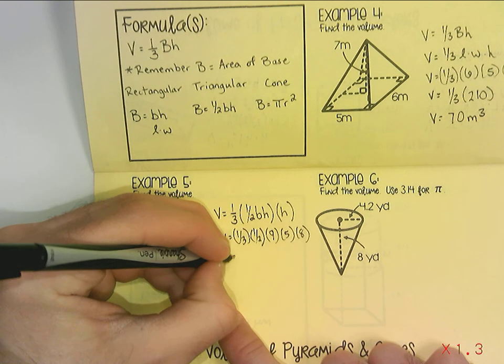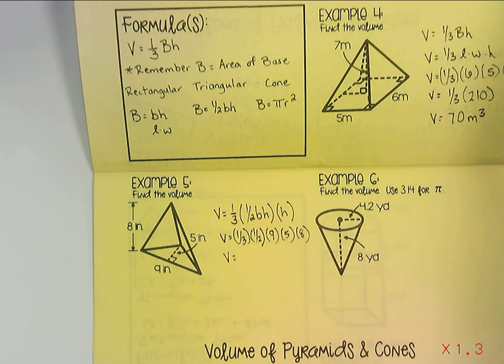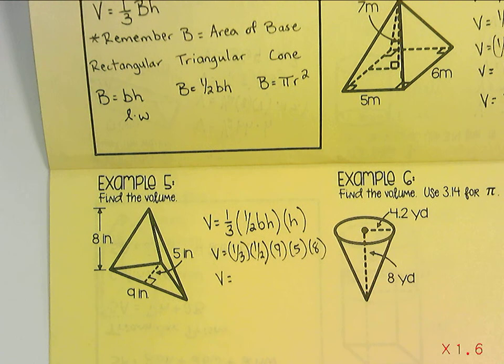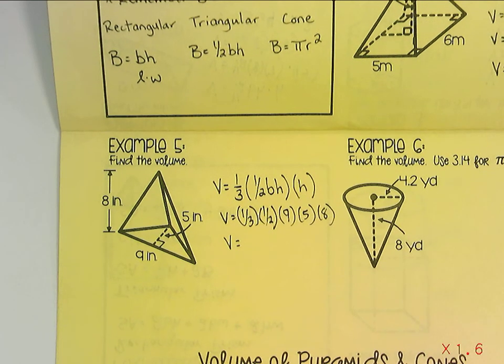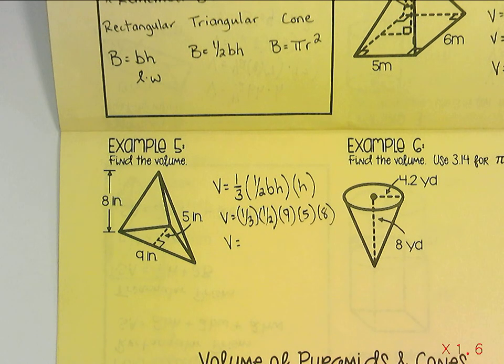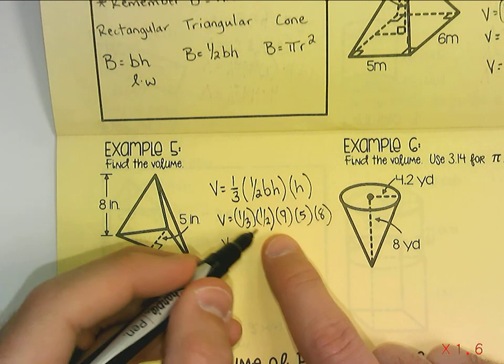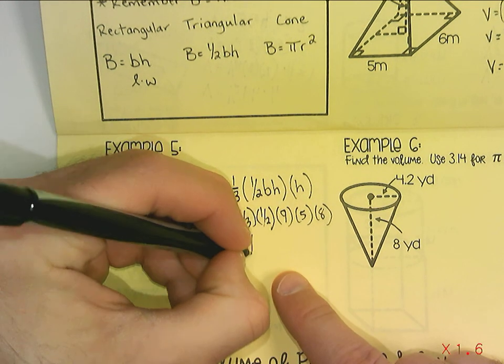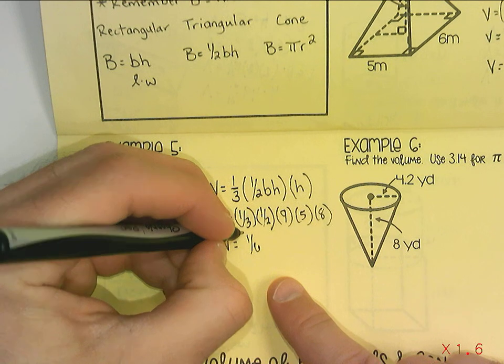So it's just a big long string of multiplication there, which is not a problem. So 9 times 5 times 8, 360. And really when I do 1/3 and 1/2, that's 1/6 when we multiply.